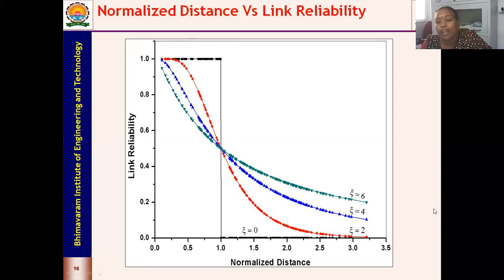So beyond a normalized distance of 1, if these values are above 0.5, automatically the network is going to be connected. But here we see that it is all less than 0.4. According to our threshold definition, your network will not be connected. So this is the understanding of the relationship between the normalized distance and the link reliability.